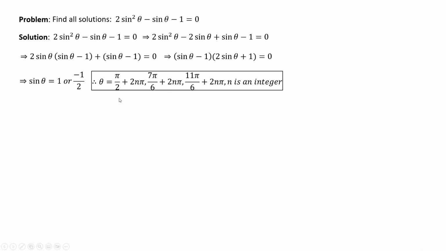Sine 90 degrees, or pi over 2, equals 1, right? And so pi over 2 plus 2n pi takes care of all the angles for which sine theta equals 1. And for the negative 1/2, 7 pi over 6 plus 2n pi, 11 pi over 6 plus 2n pi, where n is an integer. Cool? I think that's a good problem.